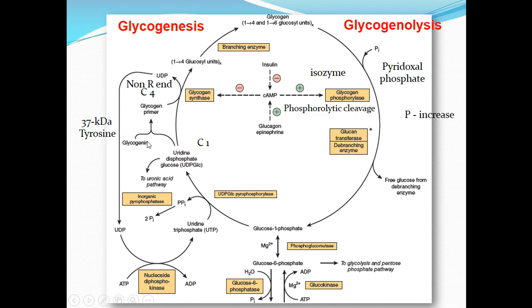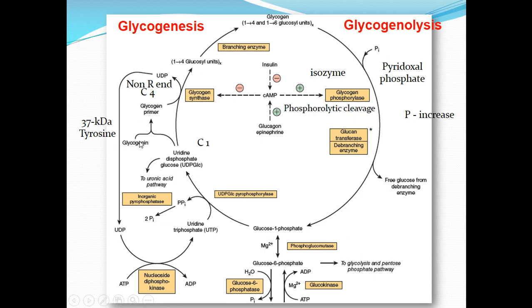The initial step in glycogen synthesis involves the protein glycogenin, a 37 kilodalton protein that is glucosylated on a specific tyrosine residue by this UDP glucose. De novo glycogen synthesis is initiated by the attachment of the first glucose molecule to this glycogenin.